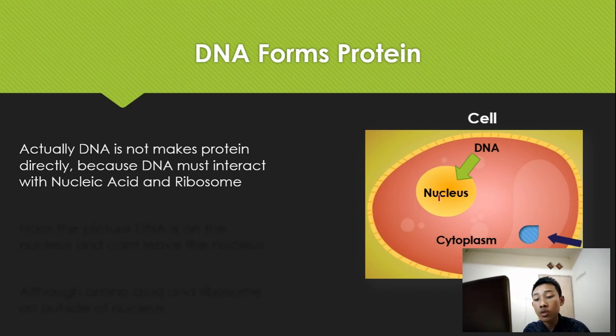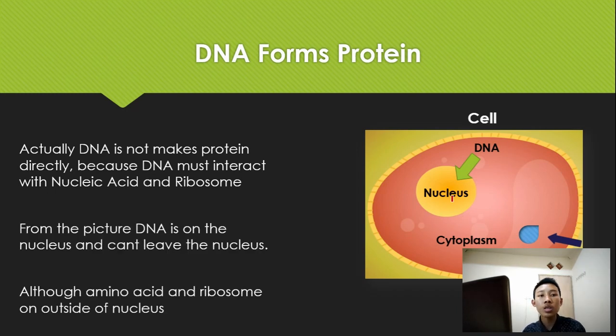DNA is inside the nucleus, exactly in the chromosome. DNA must interact with the ribosome, but DNA cannot leave the nucleus because its particle is too big to pass through the membrane.